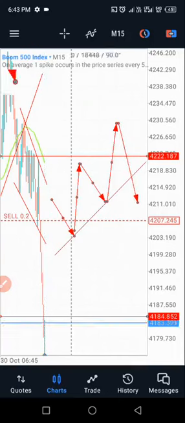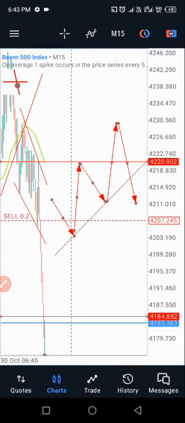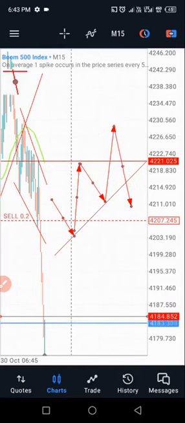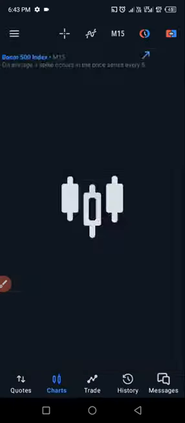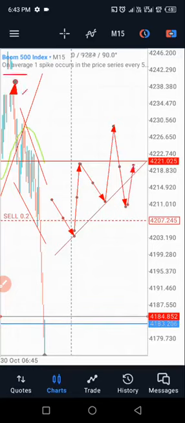Once the market breaks out of this trend line, you will wait. You do not enter immediately, because the market could as well break out and then trap the sellers in the market and start buying again.